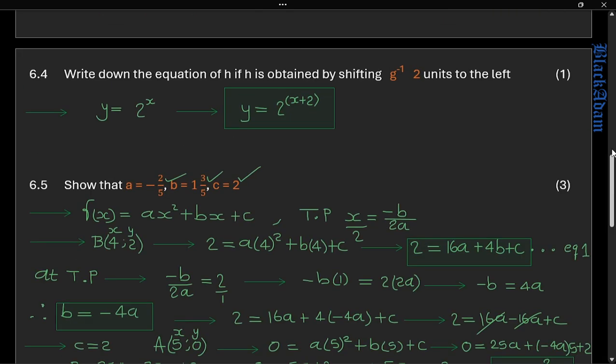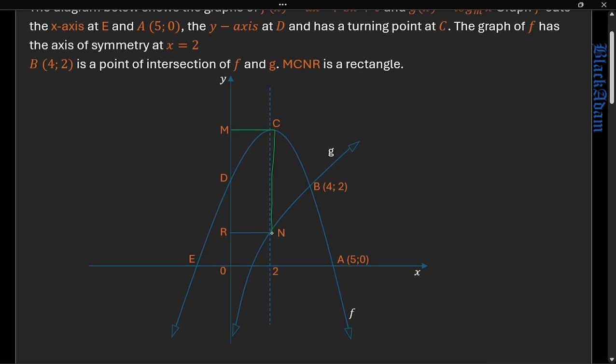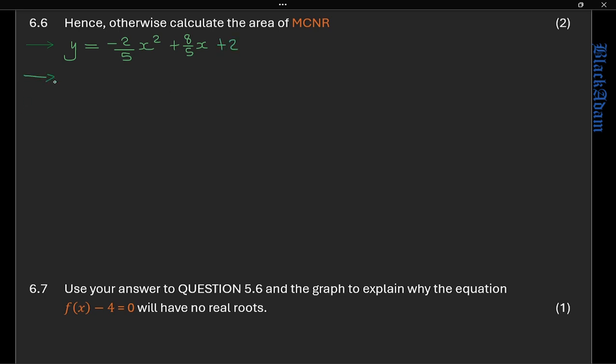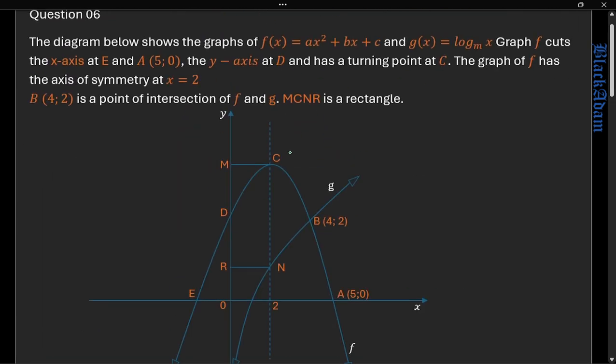The next question says, calculate the area of MCNR. So for MCNR, we need to find some values. We have y equals negative 2 over 5 x squared plus 8 over 5 x plus 2. That's our original equation, so substituting the value 2 at the turning point there.